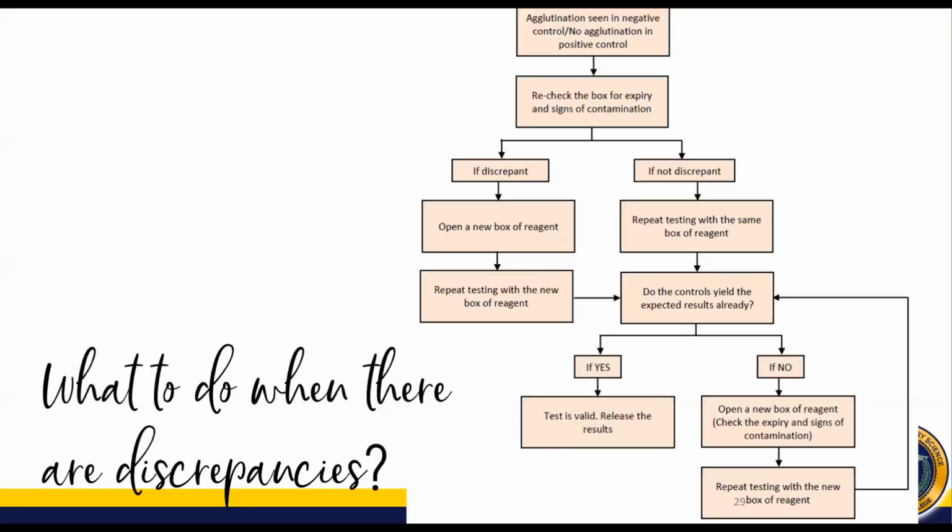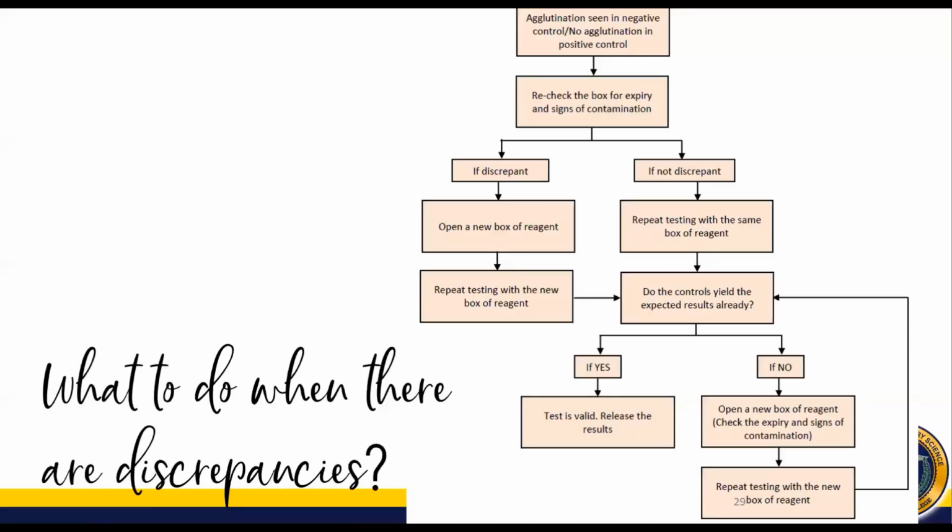Once ma-open kasi yung reagents natin, they are prone to contamination and degeneration. May shelf life naman after opening, but nagiging unstable na talaga ang reagent after opening. So kaya when we open a new box of reagent, discrepancies of the reagents and the controls are resolved with that new box of reagent. Okay? So, ayan na-resolve mo na ang discrepancies after opening a new box of reagent.